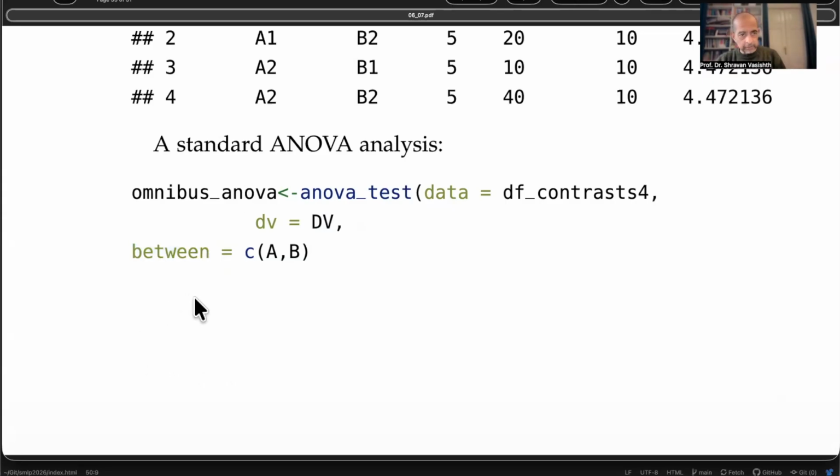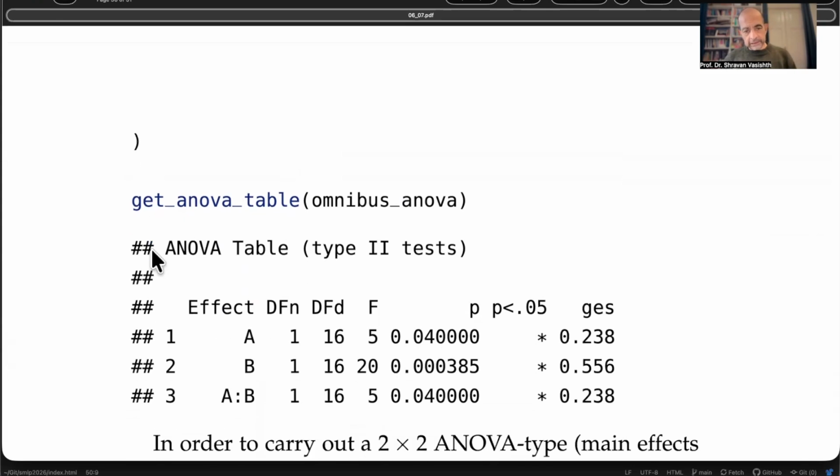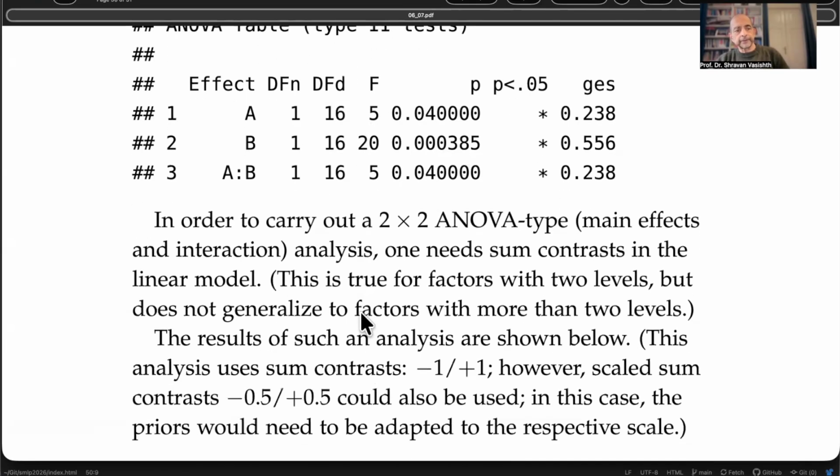So in an omnibus ANOVA, we define the two factors, and then if you look at the output of the ANOVA using the get_anova_table function, you would see that you have a main effect of A and B and an interaction. We know that from how? From these p-values, right? And the F-scores, of course, right?